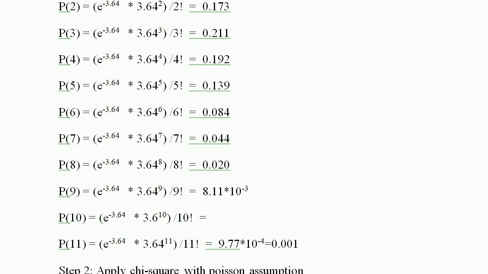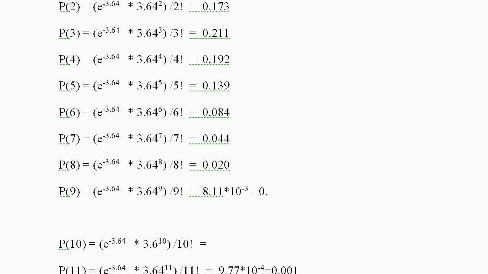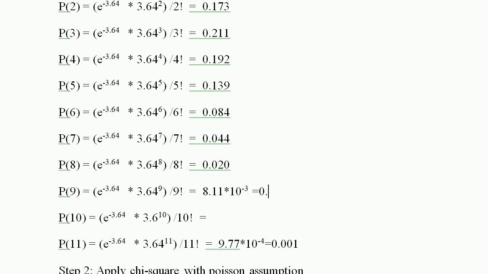You can write this value as 0.008. So instead of 8.11 into 10 to the power minus 3, convert that value and write it as 0.008.